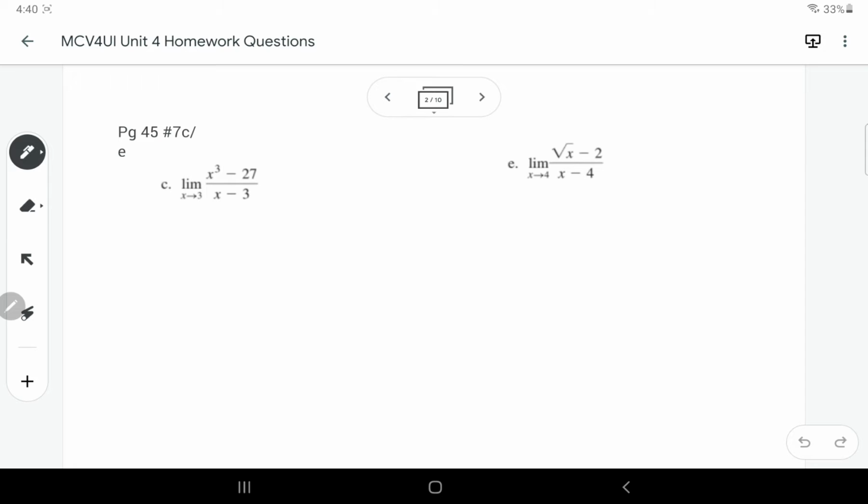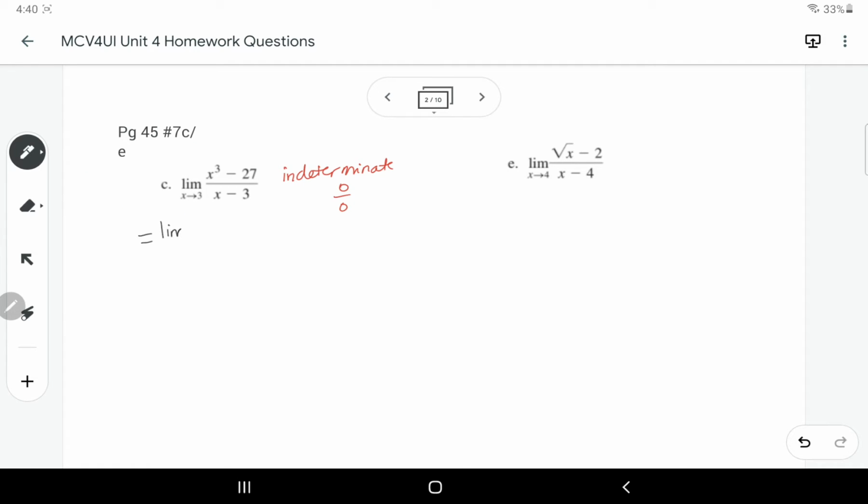The next two are limits, I think, from the same section of homework. These are a little trickier, and we are going to have to do a bit of manipulation here. We would get an indeterminate form for C. If we just sub that in, we would get 0 over 0, so we need to do some work.